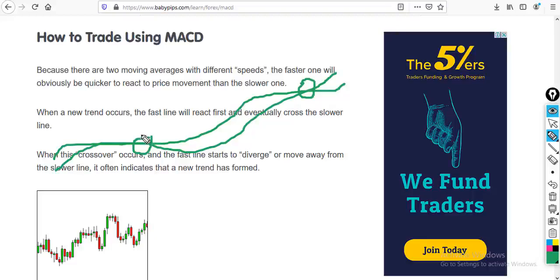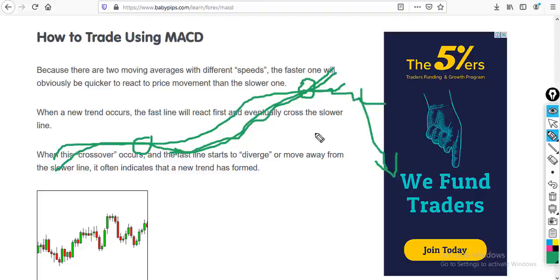If the faster MACD is on the bottom side, and it crosses above the slow one, that indicates a new trend to the upside. However, if the faster MACD crosses below the slower MACD, and now the slower MACD is on the top side, that indicates a bearish market.